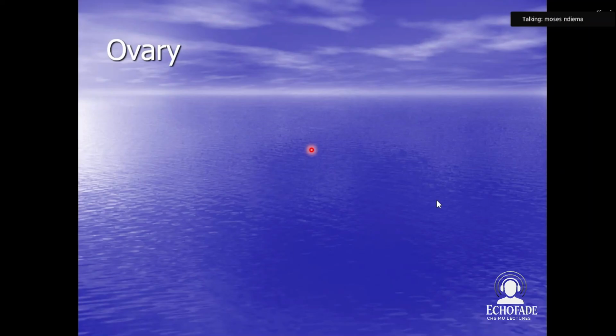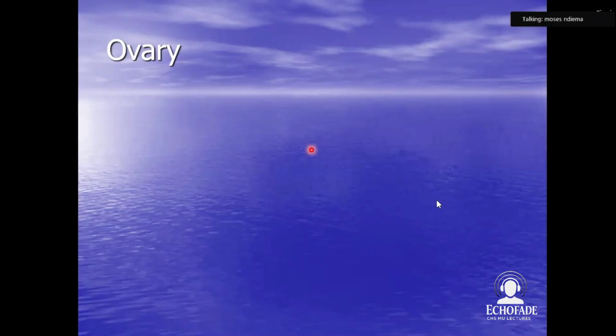The round ligament of the ovary extends to the labia majora, and that is homologous to the gubernaculum testis. So that is also what we call the gubernaculum ovarii.